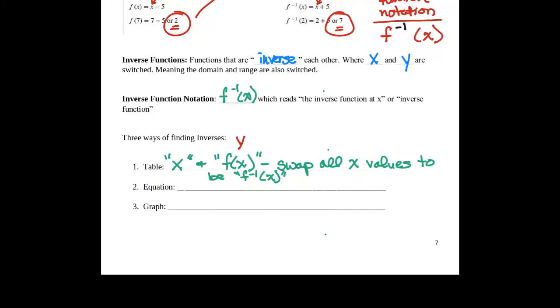So the inverse function of f and the f of x values will become your x values. Okay? So the x and the f of x values, you're going to swap all the x values to be your inverse function of x, and your f of x function values will become the x's.